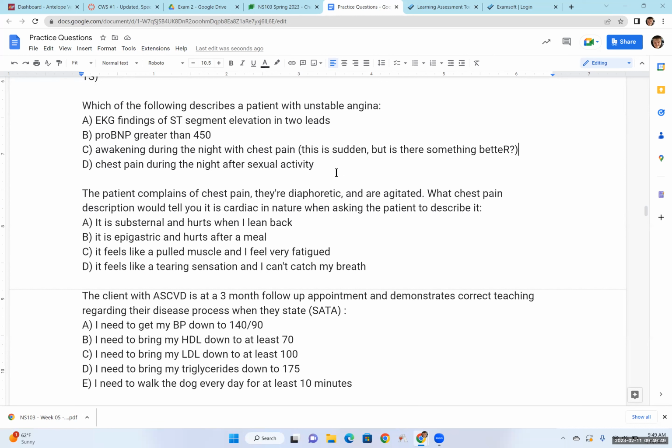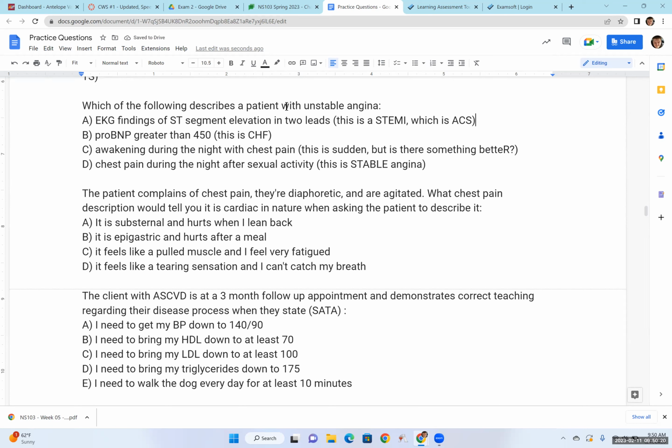Chest pain during the night after sexual activity. This is stable angina, right? So it could be walking, or fornicating, right? Pro BNP greater than 450, that's CHF, right? And yes, an MI can cause heart failure. That's just reading too much into it. EKG finding ST elevation. This is a STEMI, right? Which is ACS, right?